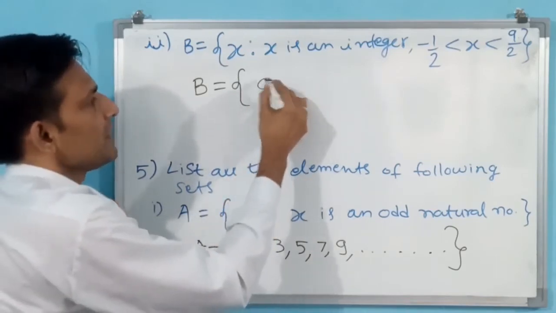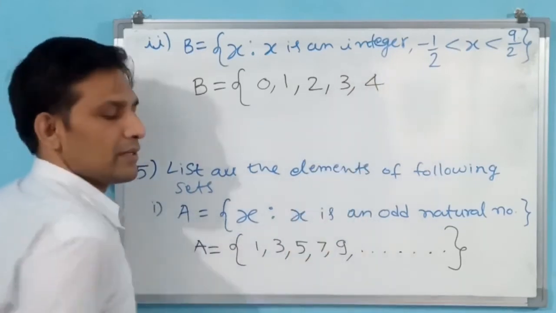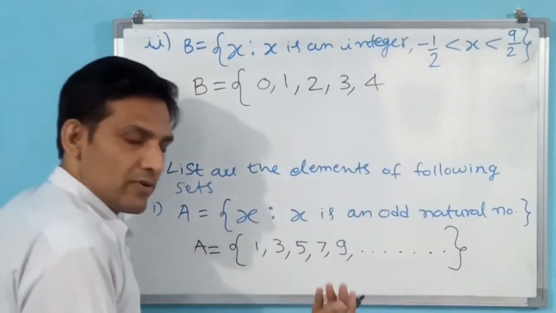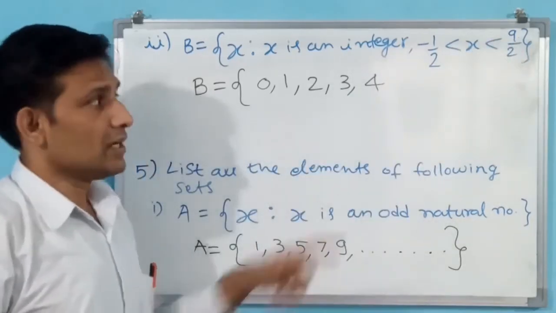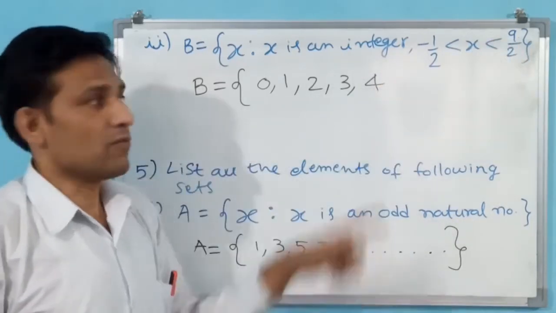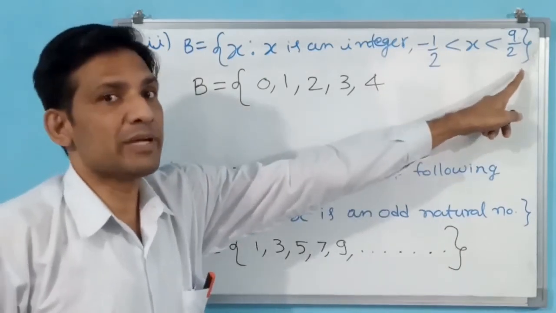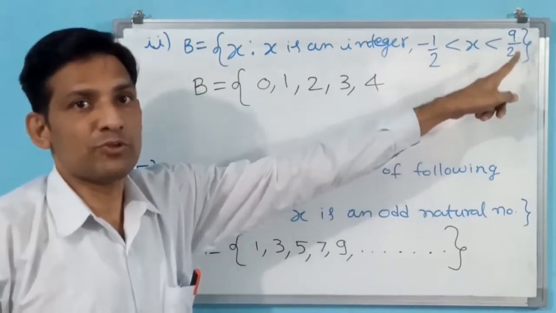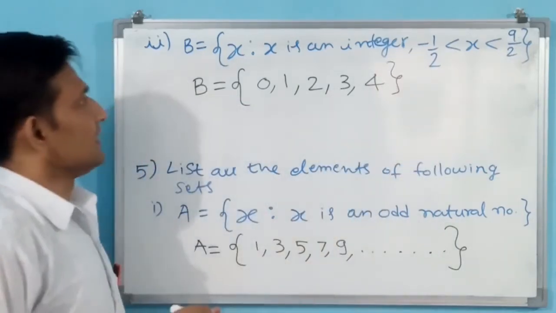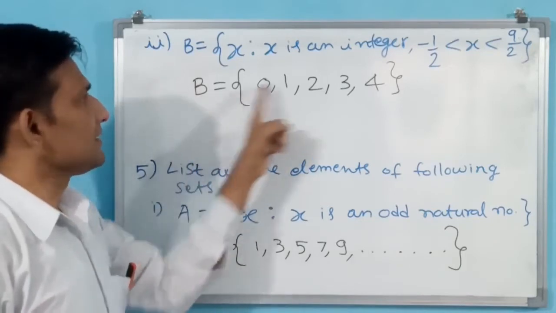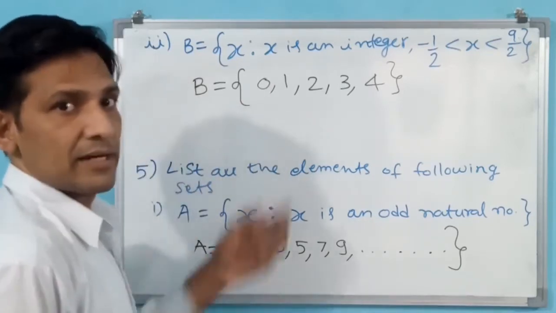Then 1, 2, 3, 4. 5 doesn't come. Why? Because 9 by 2 is 4.5. Less than 4.5 you have to take. 4 is less than 4.5. If you go for 5, automatically it becomes greater than 9 by 2, but we should take less than 9 by 2. Okay, close it. That's all. This is the answer for the second part of the fifth question. Let us see the third part also.